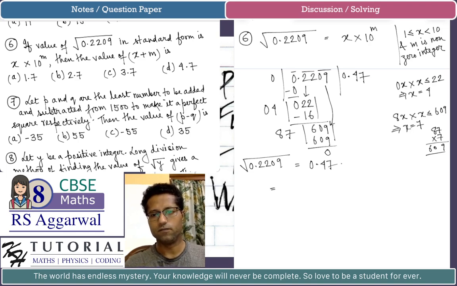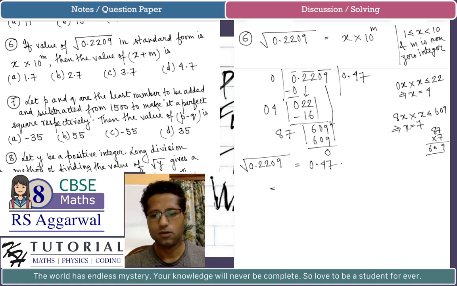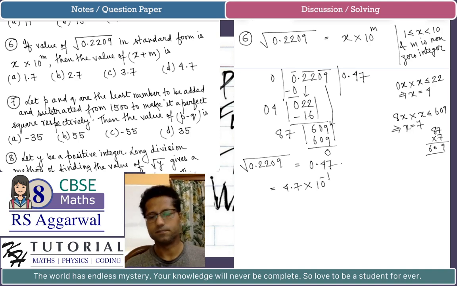In the standard form, x will be greater than or equal to 1 and less than 10. So we can write 0.47 as 4.7 multiplied by 10 to the power minus 1. We multiply 0.47 so that it becomes greater than or equal to 4 and less than 10.